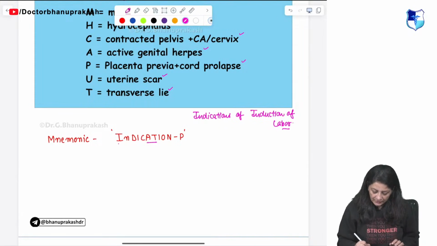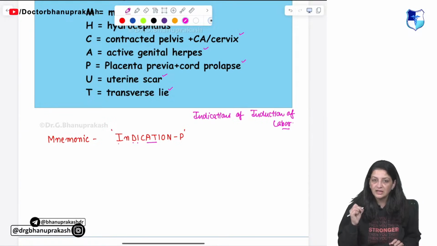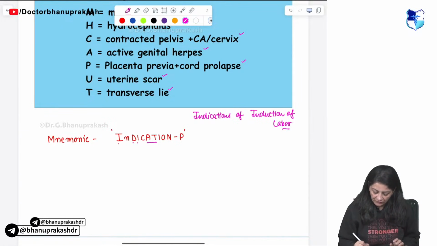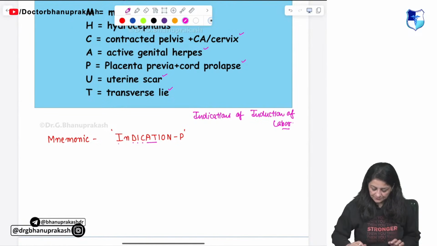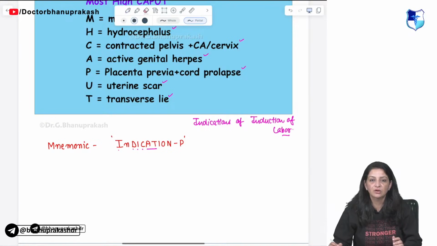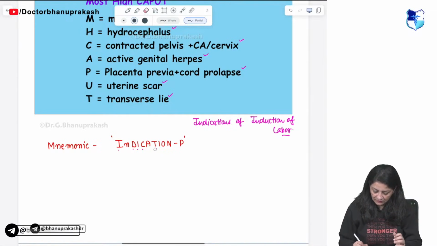D stands for diabetic mother. I stands for infections, fetal infections. C means chronic hypertension or chronic hypertensive disorders. A stands for abruptio placentae.